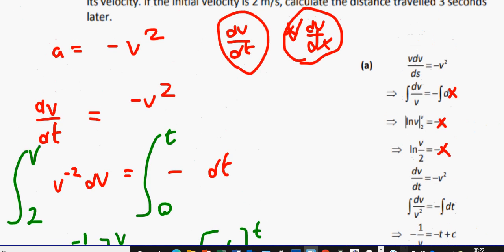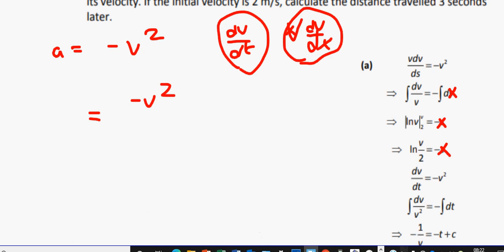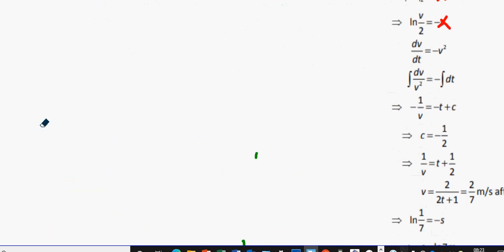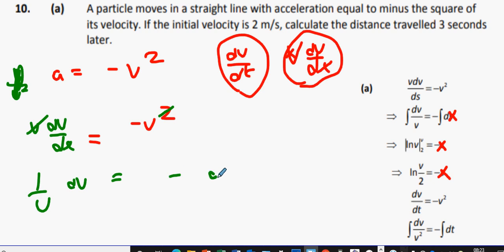And this time we're going to use v dv/dx, the very beginning. When the v squared goes underneath, it's v divided by v squared, or just cancel it off outright. So it's going to be 1 over v dv equals minus dx.